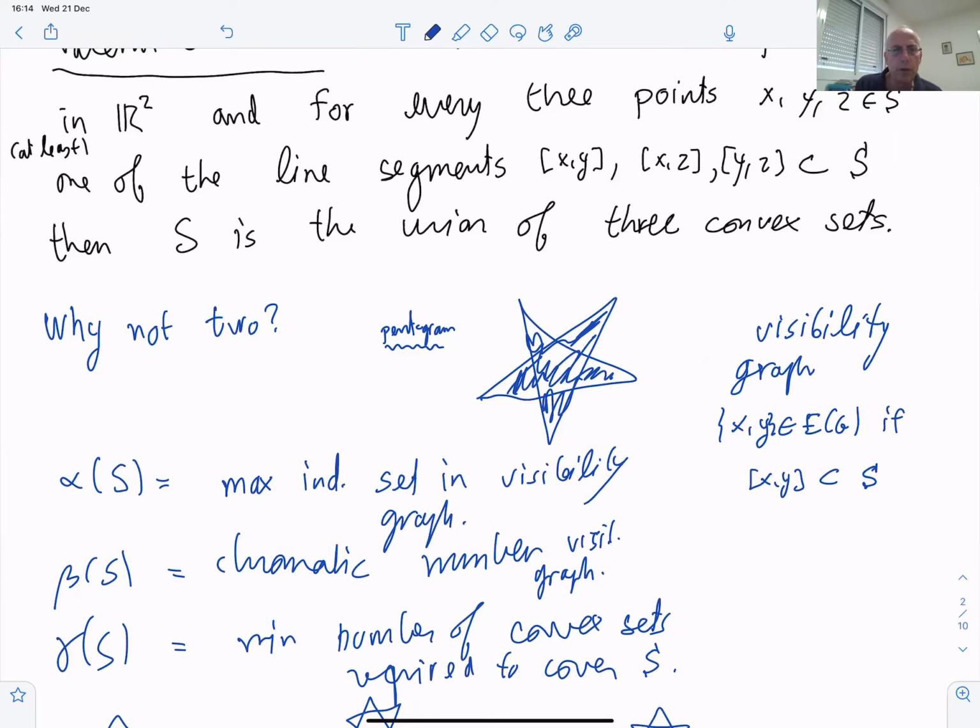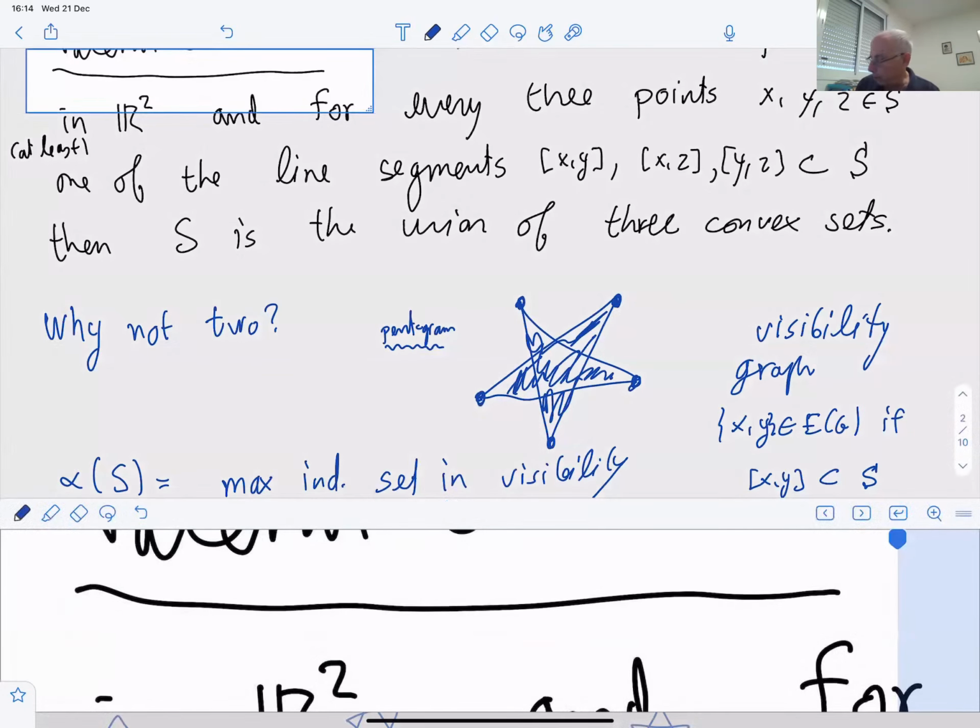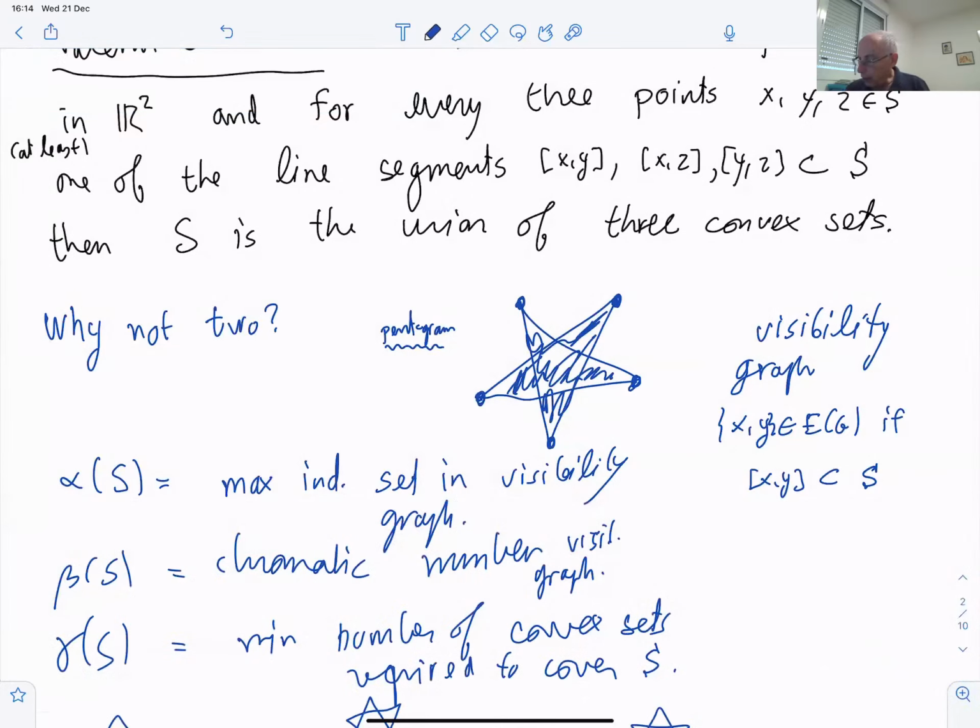Not only is it not the union of 2 convex sets, if we look at the visibility graph of a set, where we say that 2 points in the set are adjacent if the line segment between them is in the set, then here, if you look at these 5 points, you see that even the chromatic number of the visibility graph is at least 3.